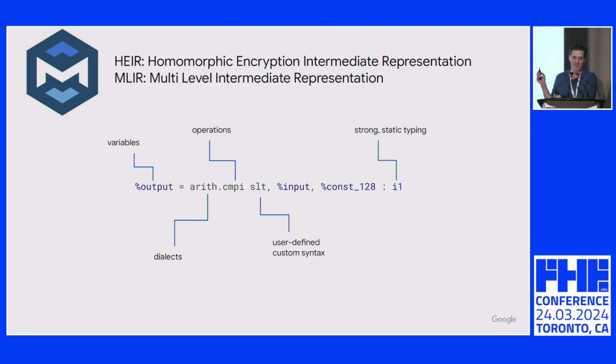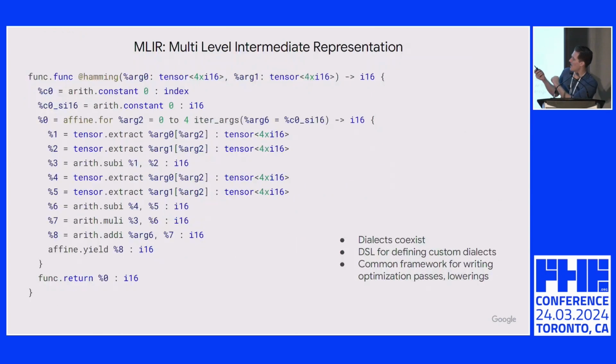The first thing that you get out of MLIR is a textual representation of what your program looks like. It is strongly typed. It is a static single assignment form, for compiler folks who know what that means. You get all of these built-in operations from the upstream MLIR project, including arithmetic, function calls, tensors, and for loops of different flavors.